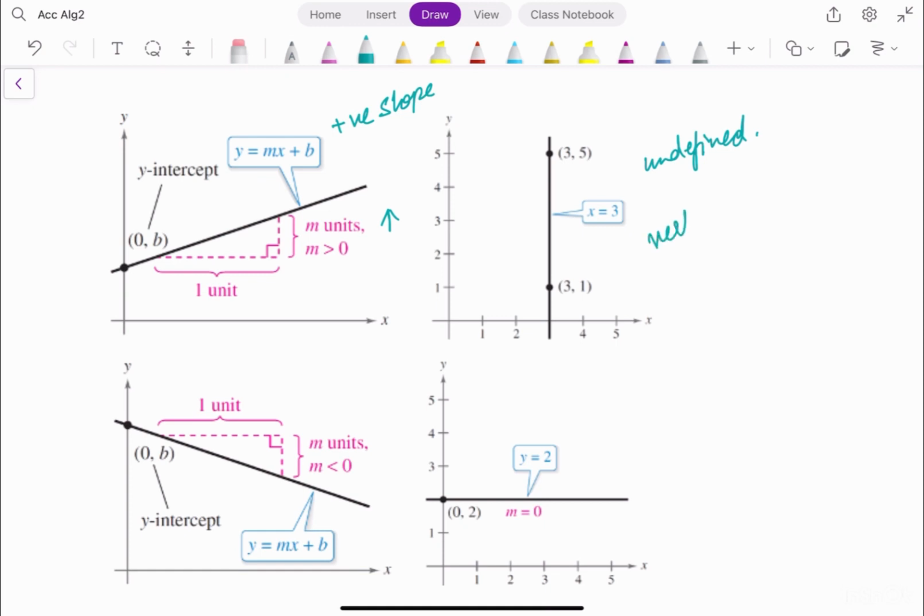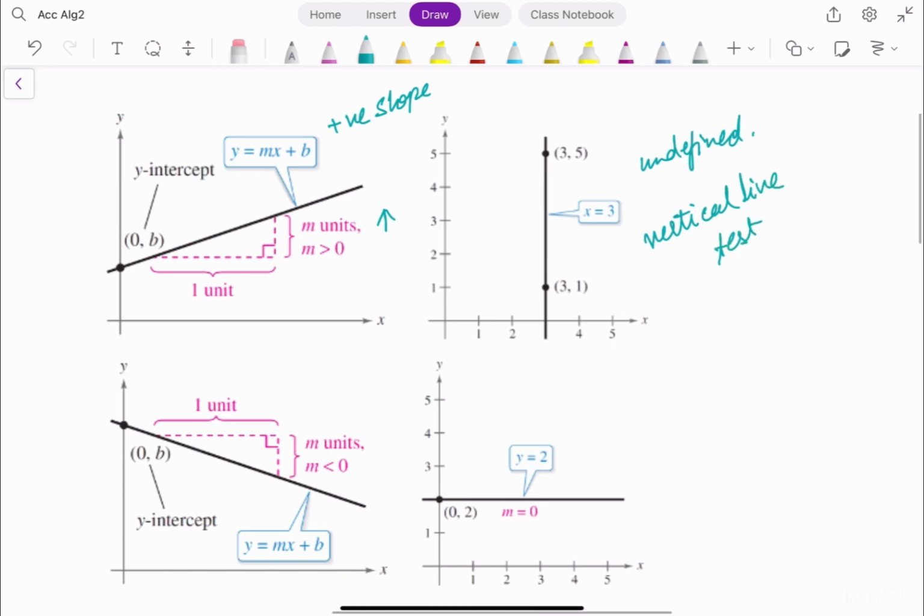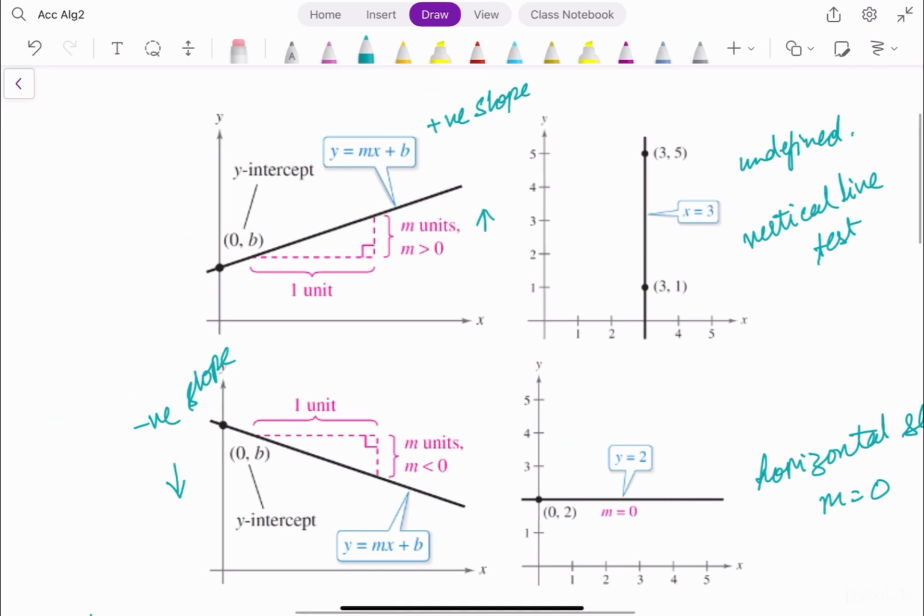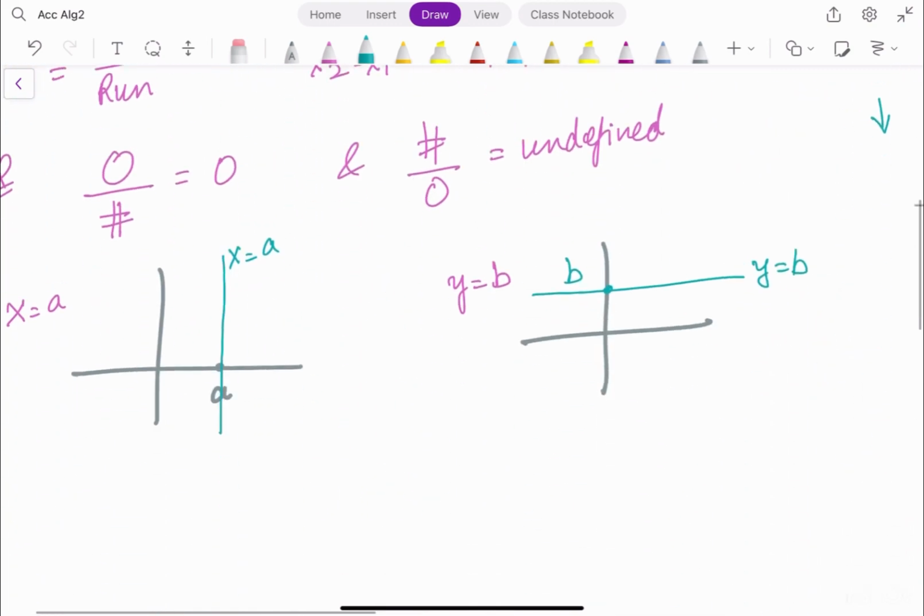It doesn't satisfy the vertical line test, because on the same x point, there are multiple y, which is not a function. The third one is a negative slope because the function is decreasing. And the last is a horizontal slope. When we say horizontal slope, we are saying that the slope is 0. So this is the basic that you should know from Algebra 1.